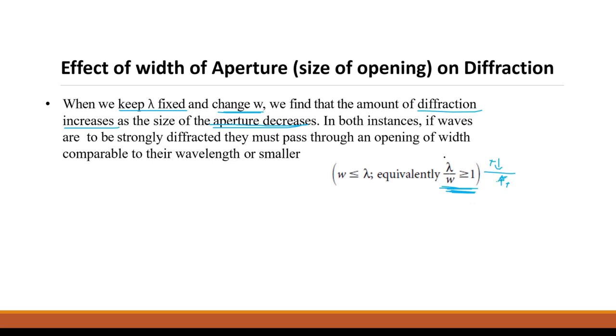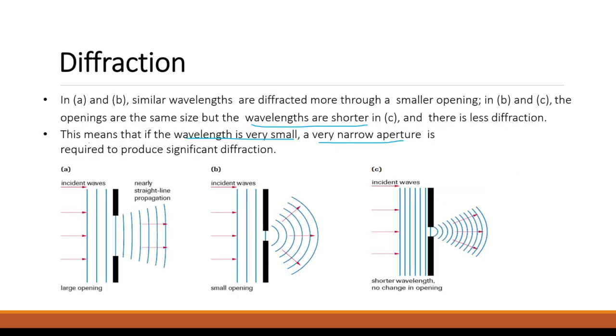But if we keep the wavelength the same and bring down the aperture width to smaller and smaller, then this ratio approaches positive infinity, which is greater than or equal to 1. So that's why if our wavelength is very small, we need a very narrow aperture to go with it to produce significant diffraction.